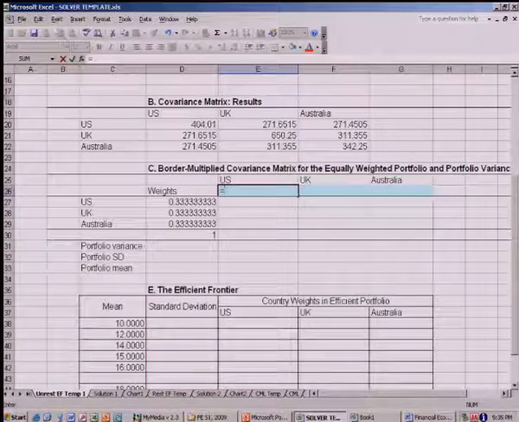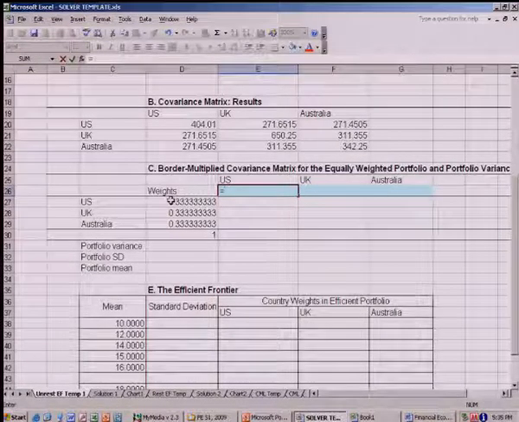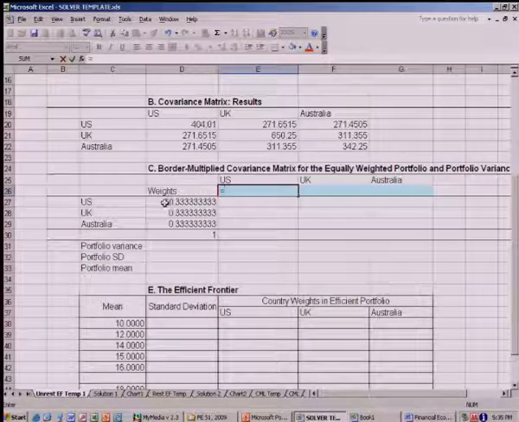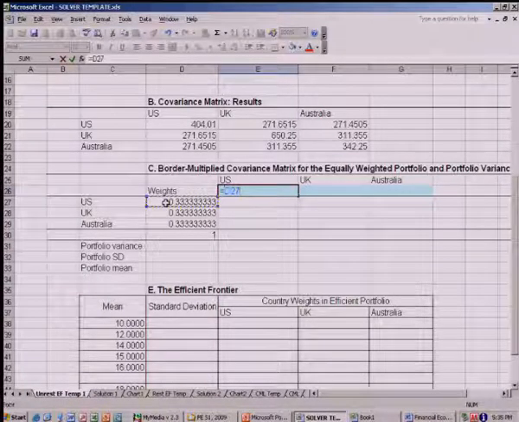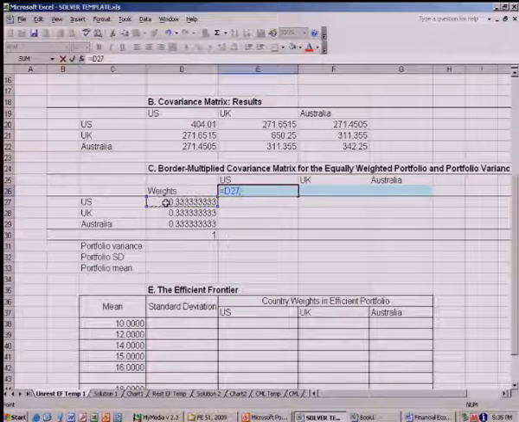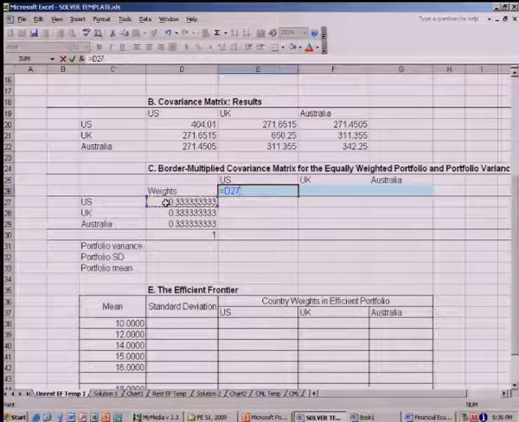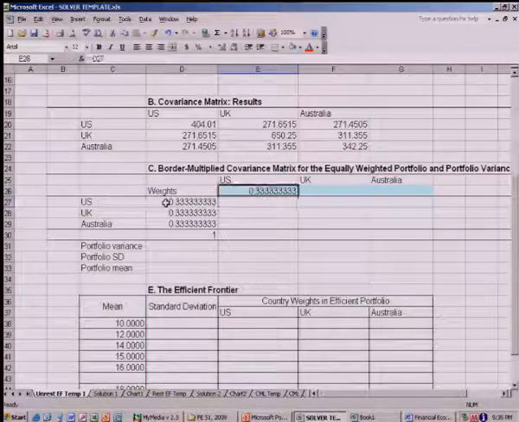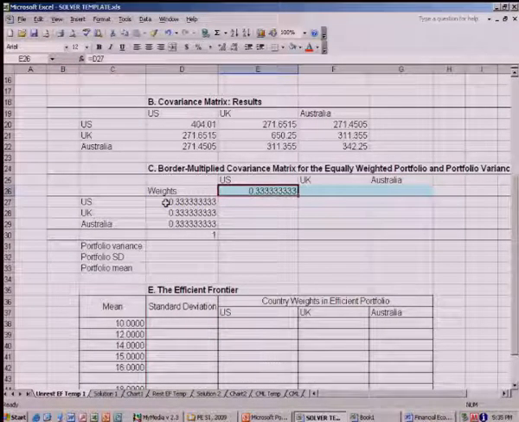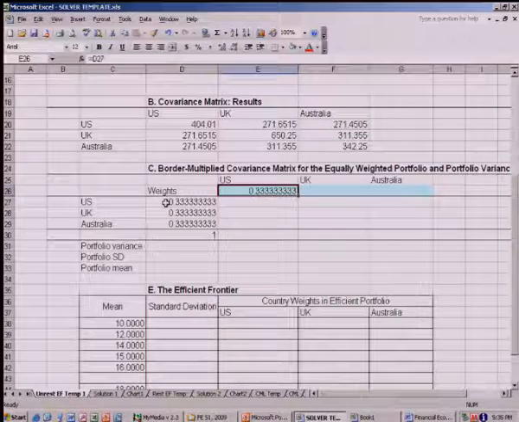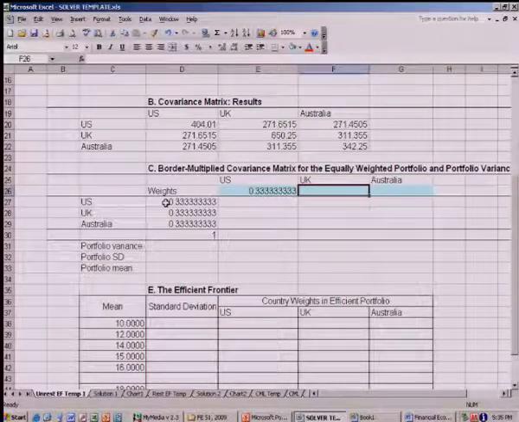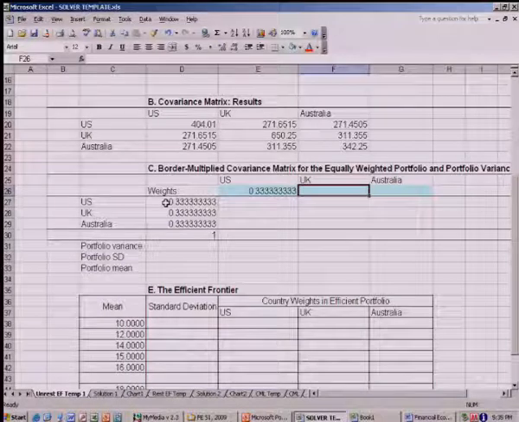In our case here, in the border column, the weights for the US assets are in cell D27, and that's what you actually have to enter in the border row itself. And then you enter, and you will have 0.333, the same information that is given to you in the border column. You will do the same then for the UK asset.